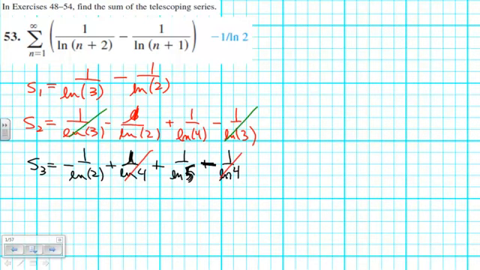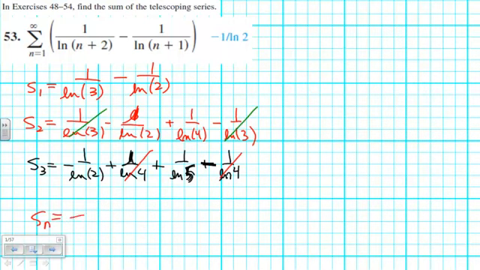So it ends up being negative 1 over the natural log of 2. Well, wait. When we do the next one, this natural log of 5 is going to cancel. Actually, at this point, we can summarize what the nth partial sum would be.